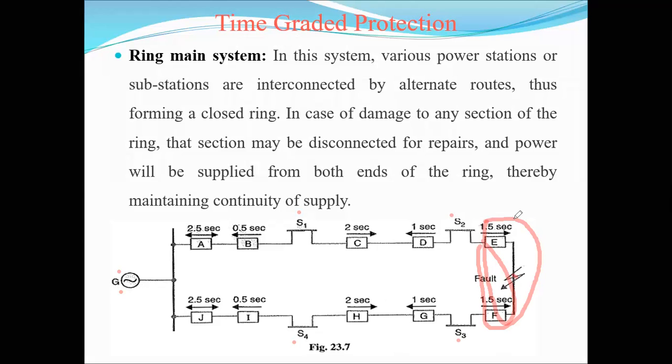The feeder between E and F is disconnected from the supply system, and power flows from the substation G via S1, S2 and via S4 and S3. Okay, this is the ring main distribution system time gradient protection of the feeder line.